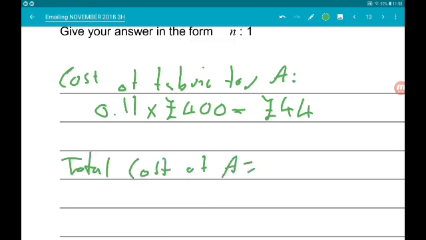So that's the total area of fabric used on lampshade B. So the cost of fabric for B is 0.072 times £400. Now that is going to give us £28.80.